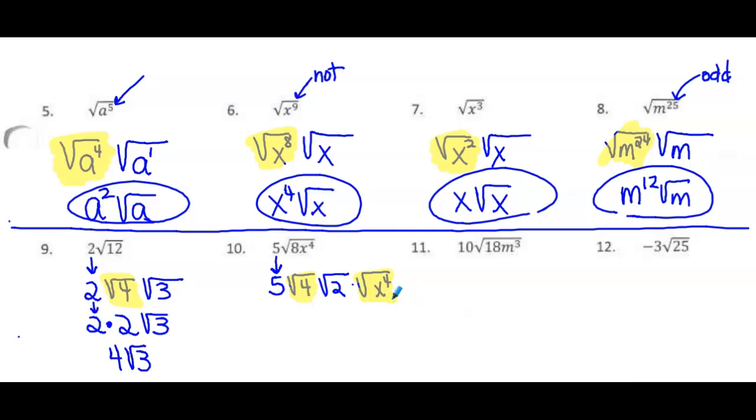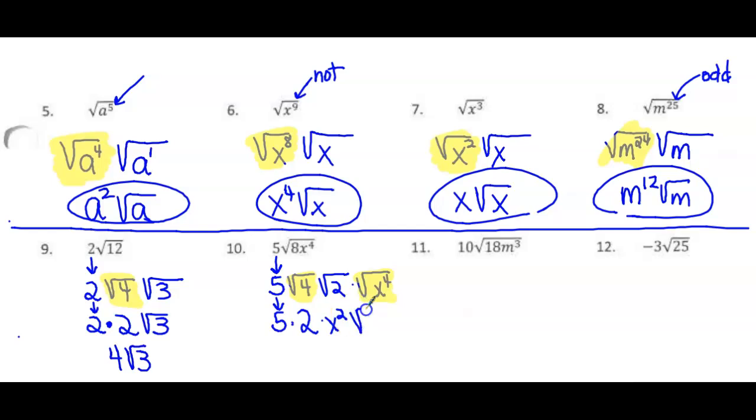Next line of work, I'm bringing down my 5. I'm going to multiply it by the square root of 4 is 2. The square root of x to the 4th is x to the 2nd. There's one more thing I have to write here that I didn't deal with.